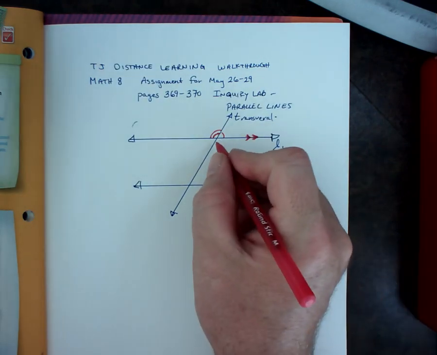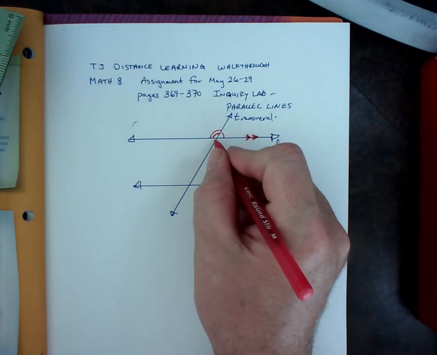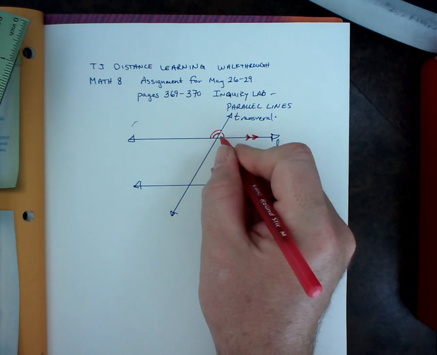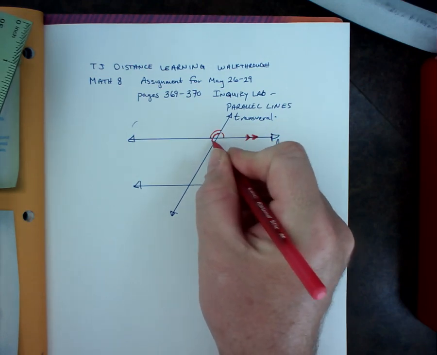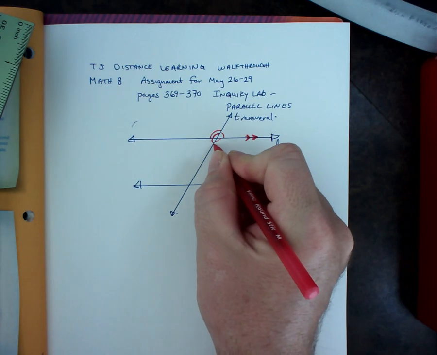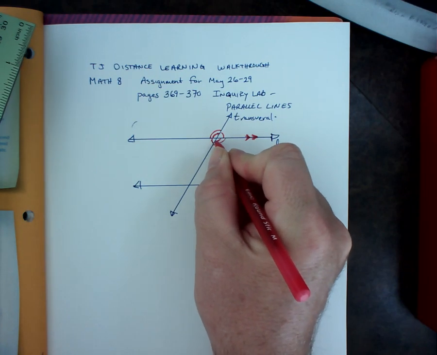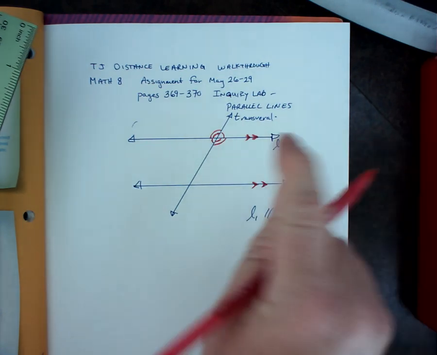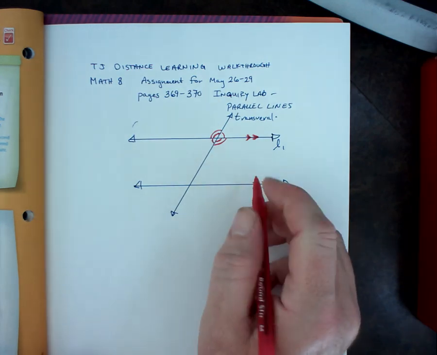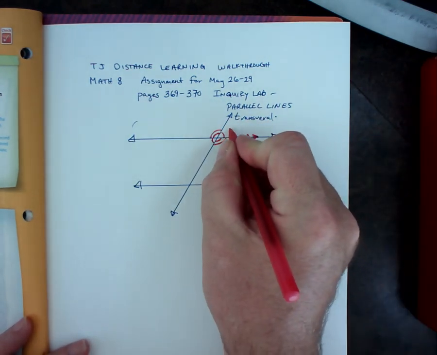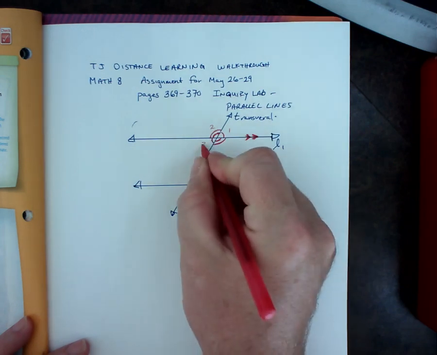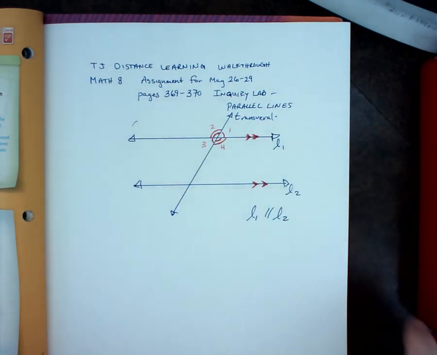I'm not going to go in depth proving that this angle is congruent to that one, but we call those vertical angles. So this would only have a single mark, and then this one would have the double mark. Everything with a single mark would be congruent. And we usually name these in order: angle 1, 2, 3, and 4.